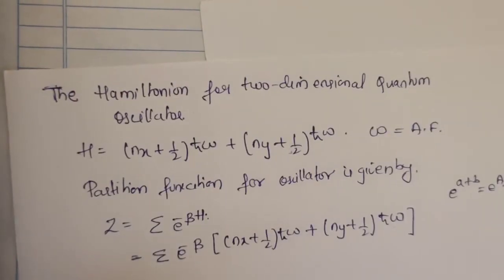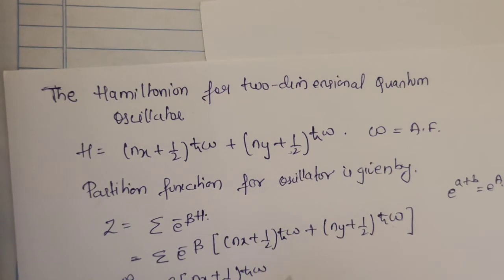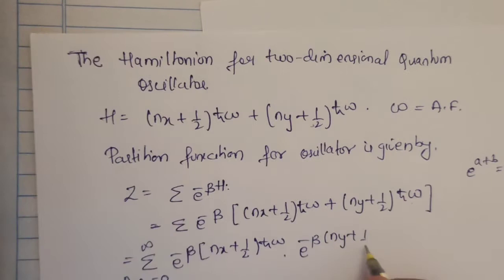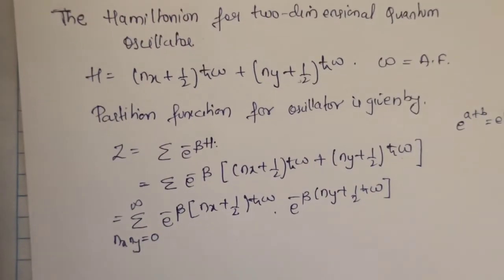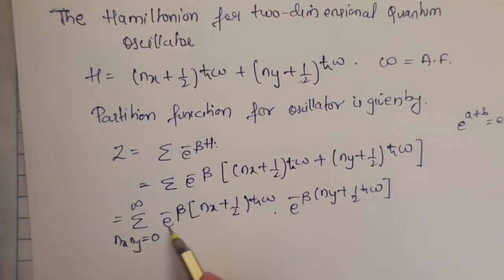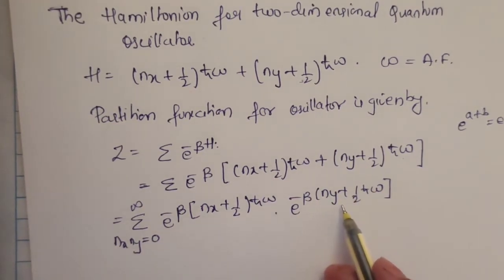That will be the summation over Nx, Ny from 0 to infinity of e to the power of minus beta times Nx plus half h cross omega, and e to the power of minus beta times Ny plus half h cross omega. Now let us expand the given equation.